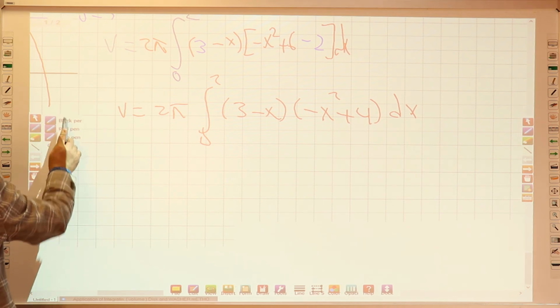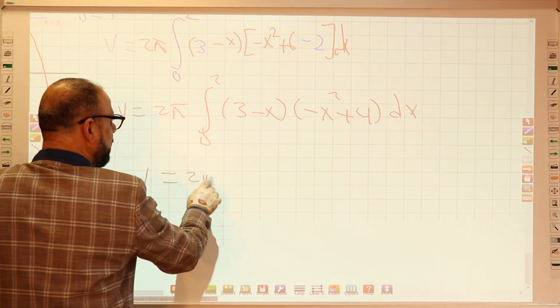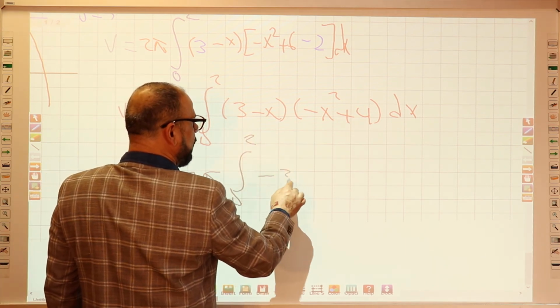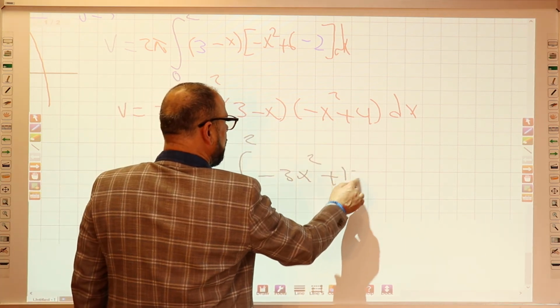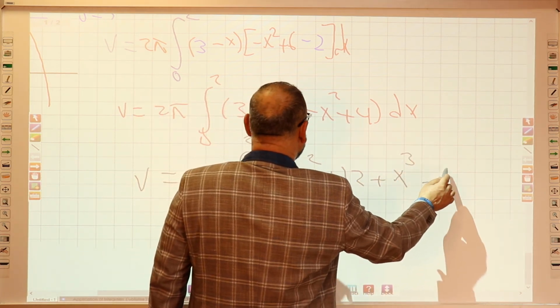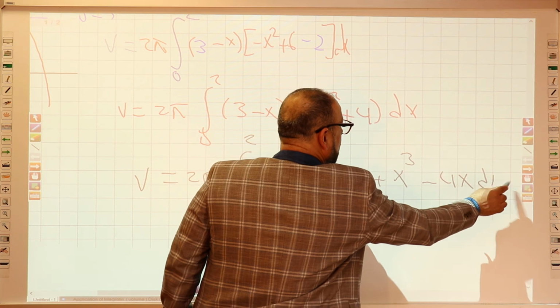Volume equal 2 pi integral from 0 to 2, FOIL: negative 3x squared plus 12 plus x cubed minus 4x dx.